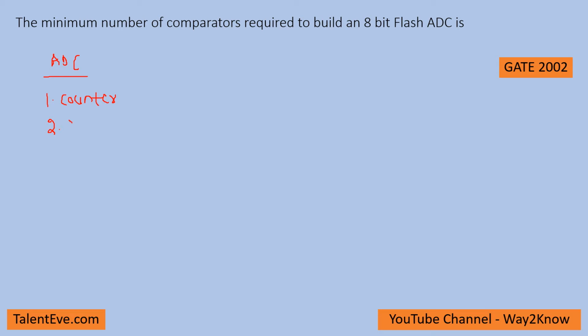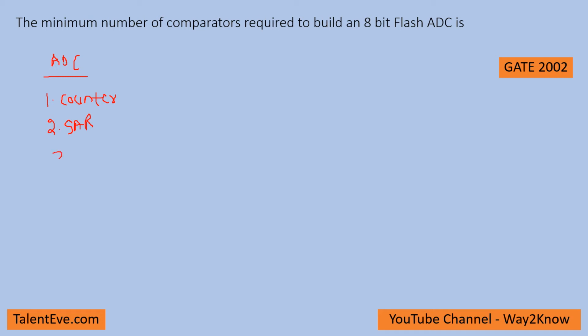And then there is another ADC called the successive approximation register ADC, where individual bits are enabled in a digital bit stream and then compared against the analog input to see whether the bit needs to be reset or set. So there will be a number of loops running.